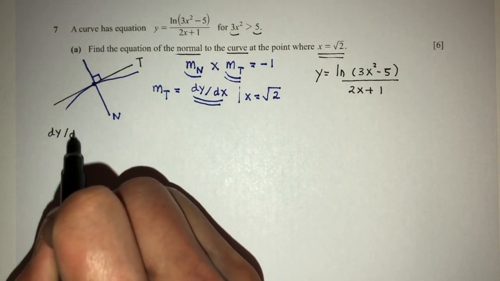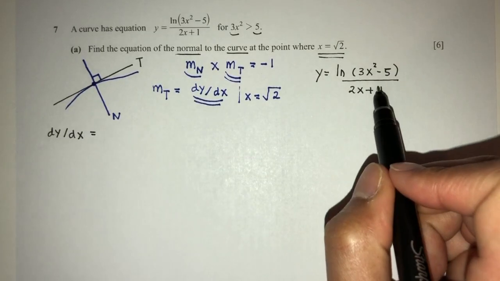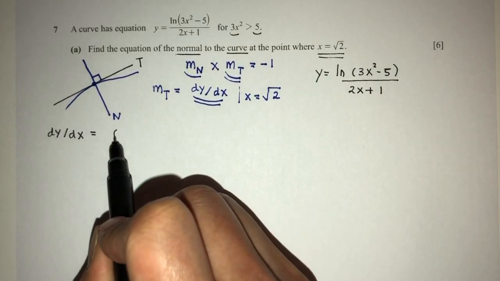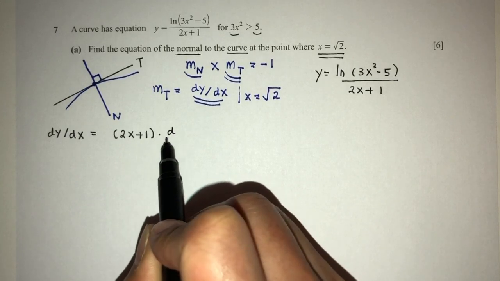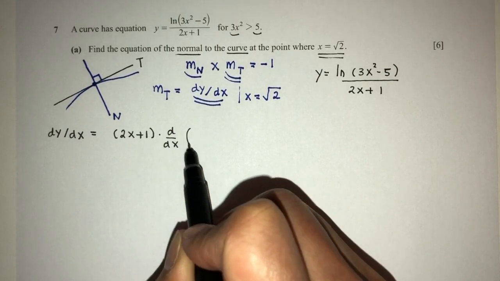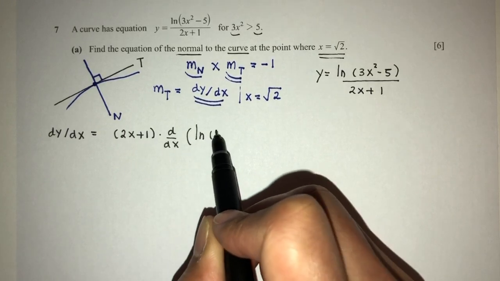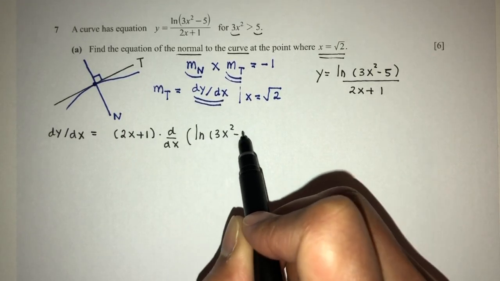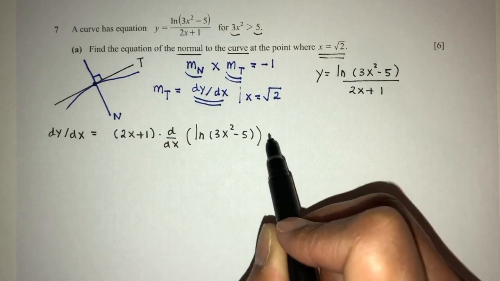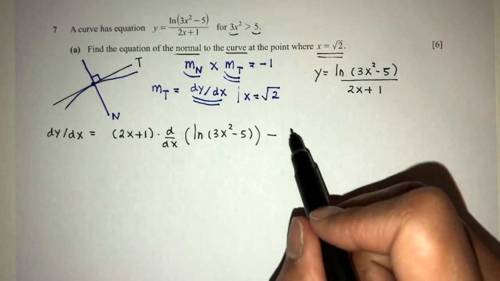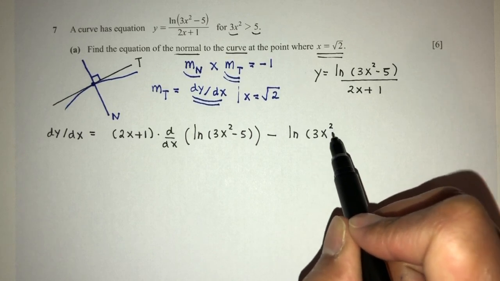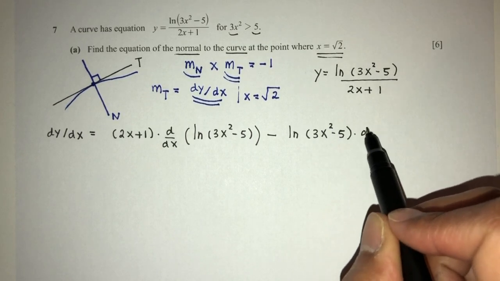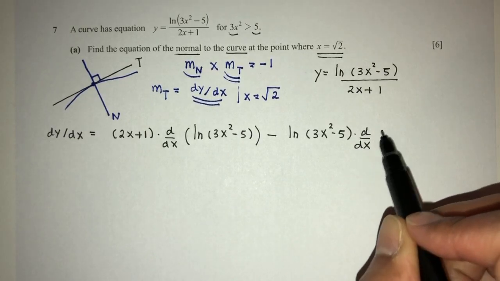So dy by dx will be what? First, let's write down the denominator as it is, so 2x plus 1. Then we have to write d by dx of the numerator, which is ln of 3x squared minus 5. Then we have to minus, then write down the numerator as it is, and then multiply by d by dx of the denominator.